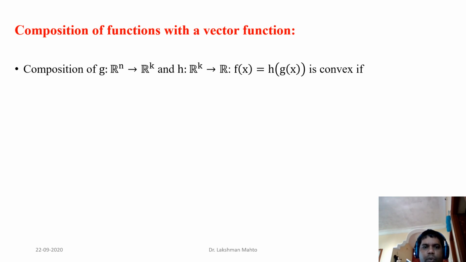If you take a vector function g defined from Rn to Rk, where Rn is the domain space and Rk is the target space or codomain space, and then you define a scalar valued function h from Rk to R, in such a way you define a composition of h with g.